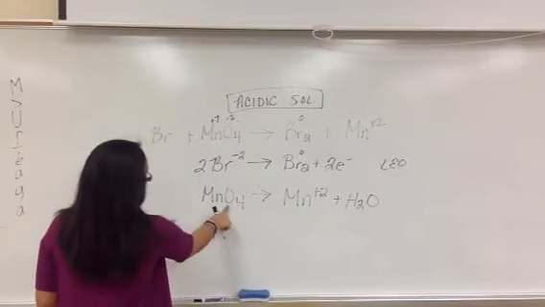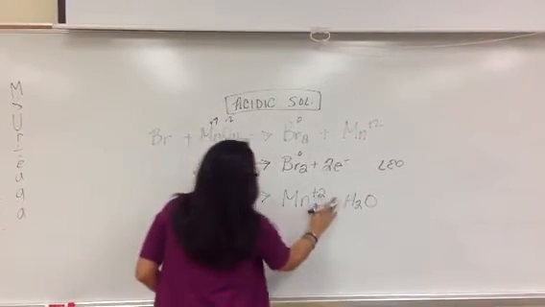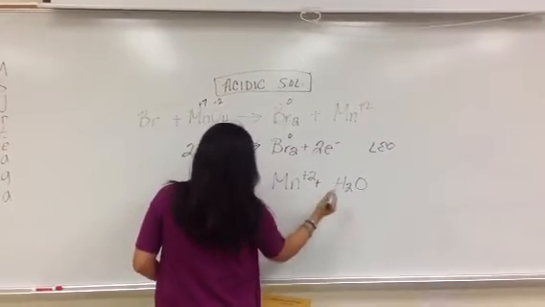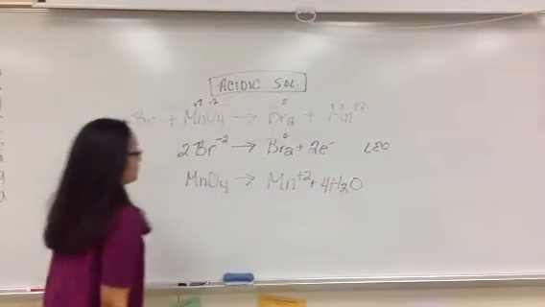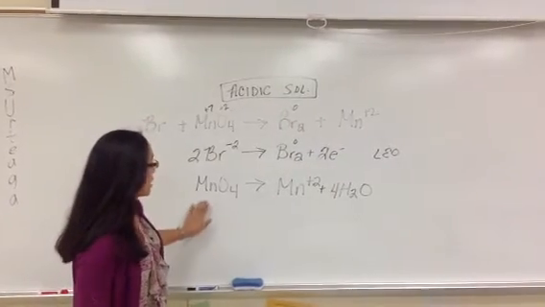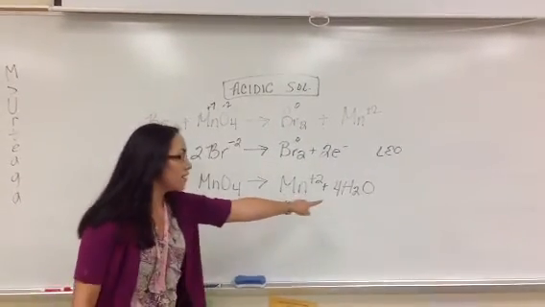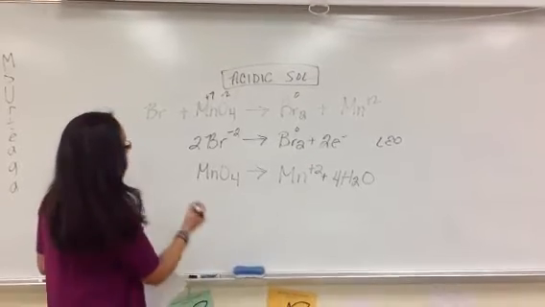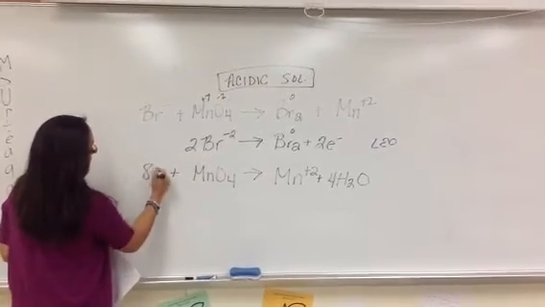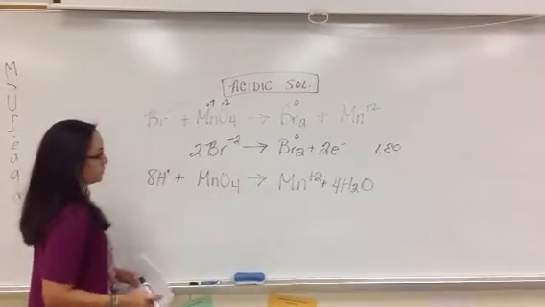And precisely how many waters? Let's go ahead and change that to a 4. So now I am balanced for my oxygens, I'm balanced for my manganese, but I have 8 hydrogens on my product side, so on my reactant side I need to have 8 hydrogens.